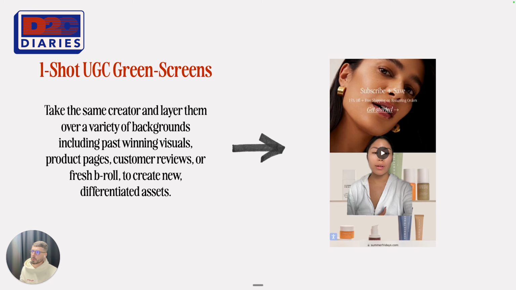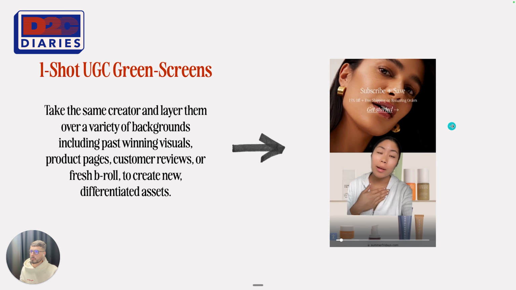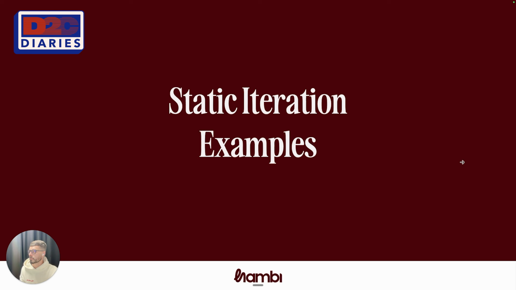So taking the same creator and layering them over a different background. This is an example we found. So again, that might have just been a straight face to camera concept, but we can differentiate it through an iterative approach by changing the visuals and what we see on screen.